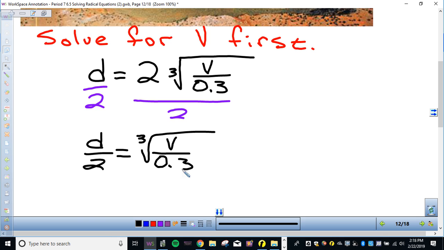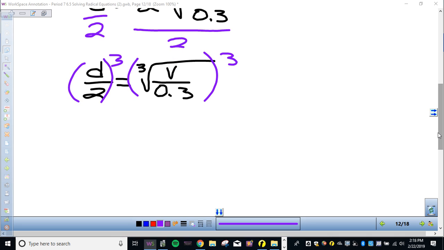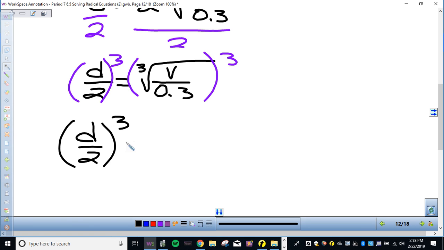Then to get rid of the cube root, I have to cube both sides. So we get D over 2 cubed equals V over 0.3.